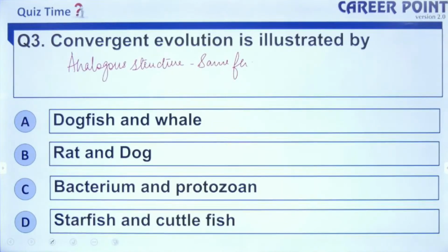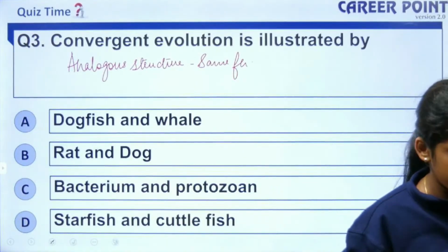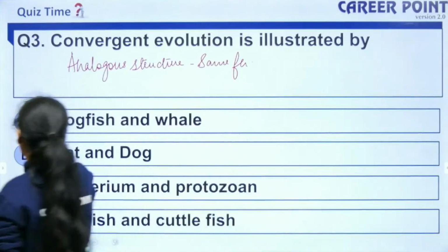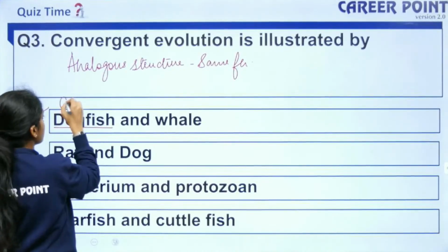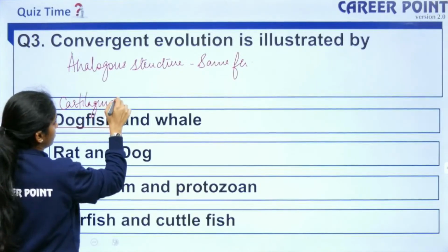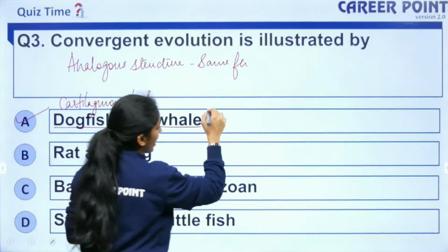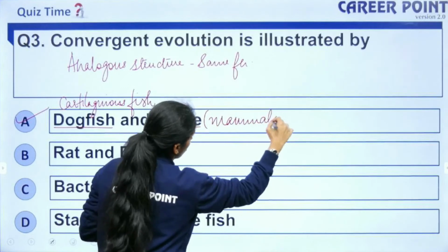So here the answer will be A. Dogfish is a cartilaginous fish and whale is a mammal, if you remember our animal kingdom topic.